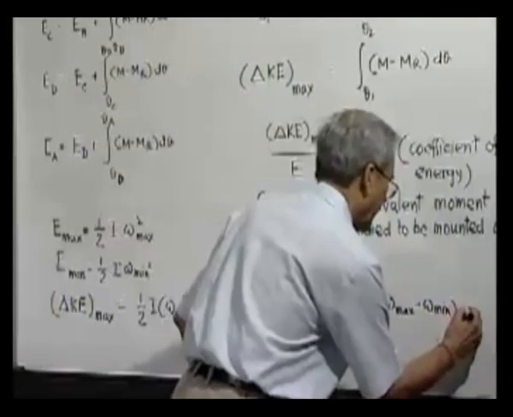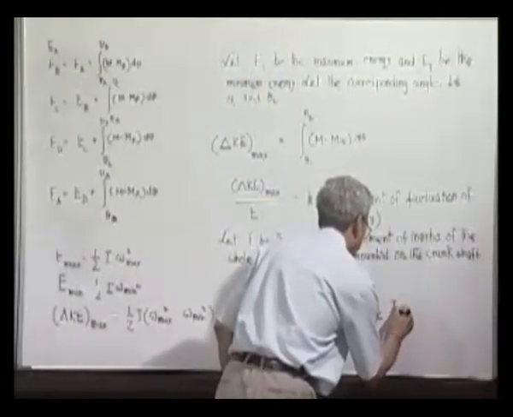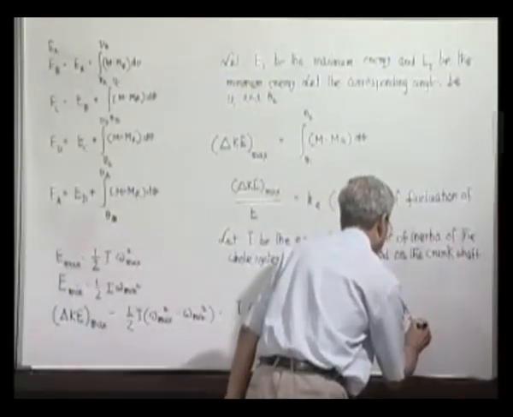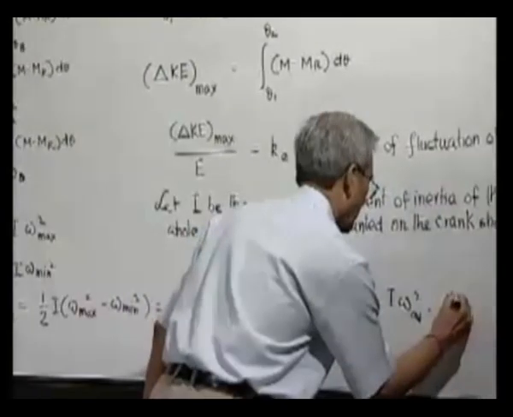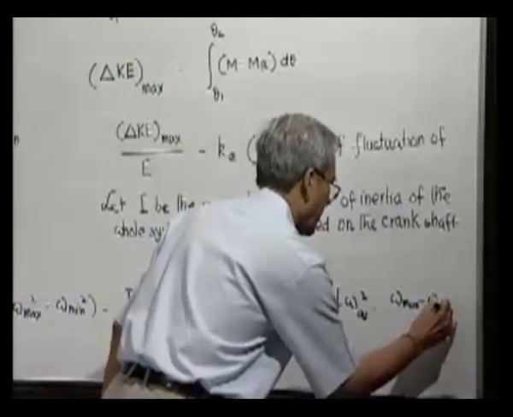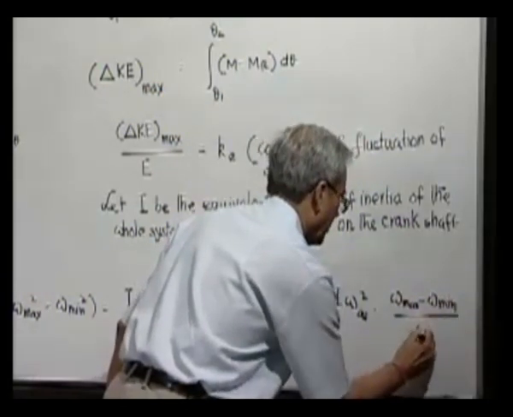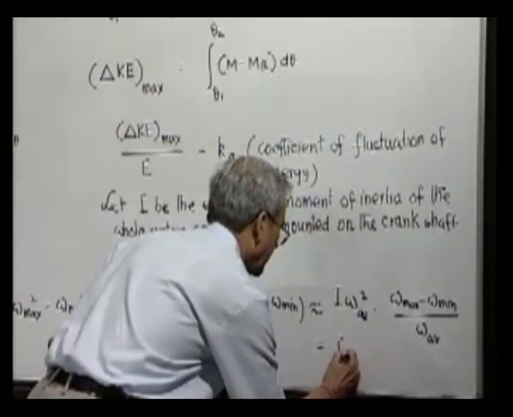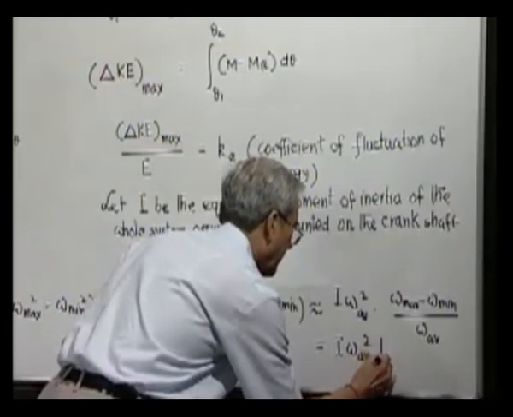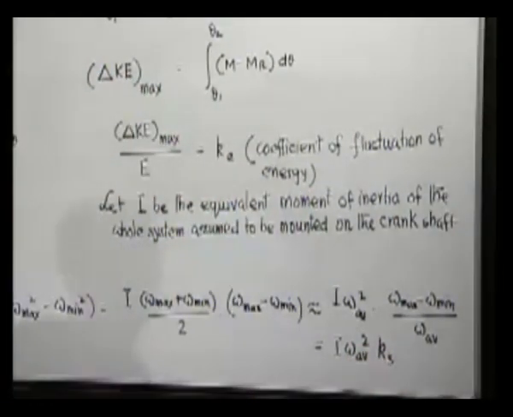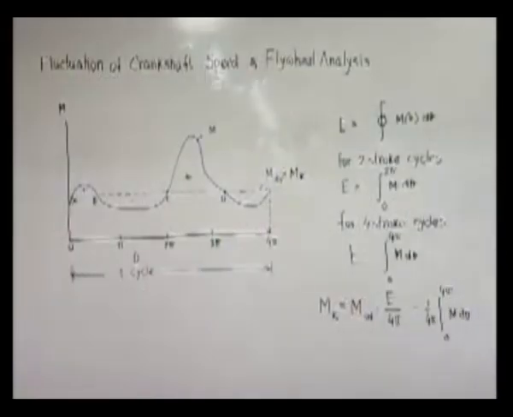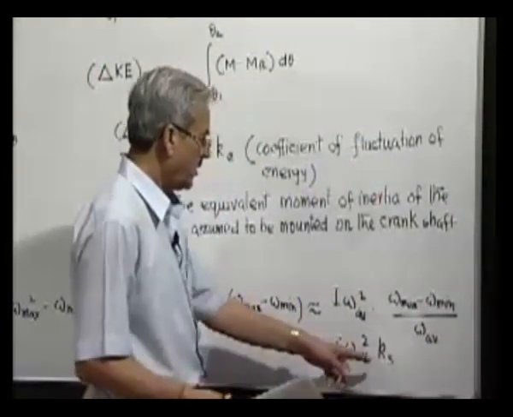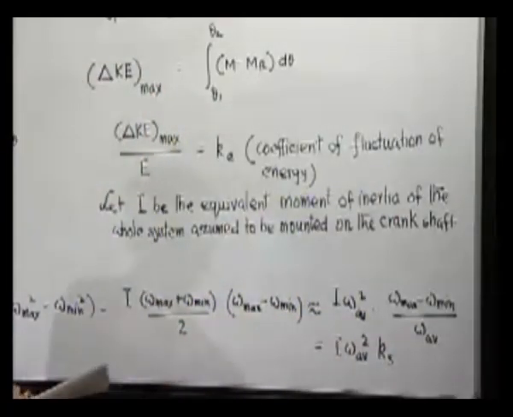So we can write this as I omega average square into omega max minus omega min by omega average, where the maximum variation in the speed divided by the average speed is called the coefficient of fluctuation of speed, Ks.